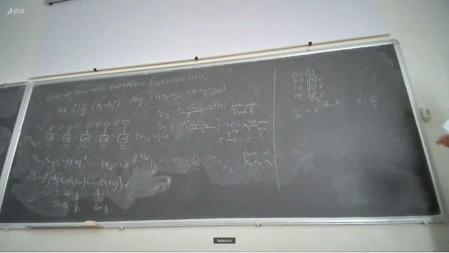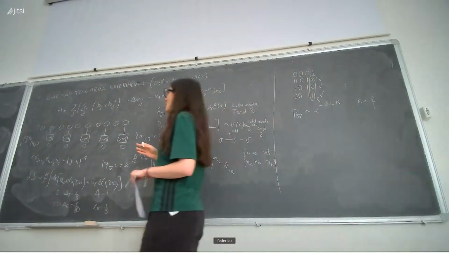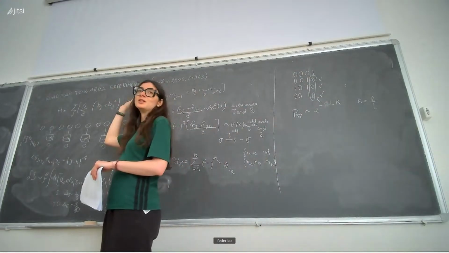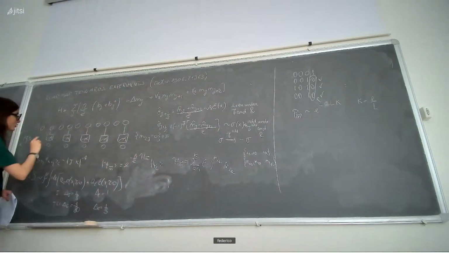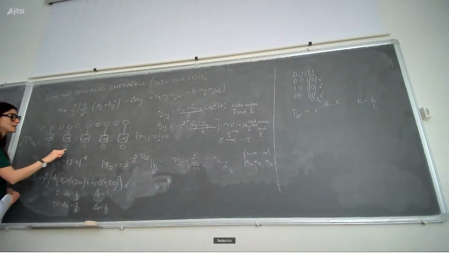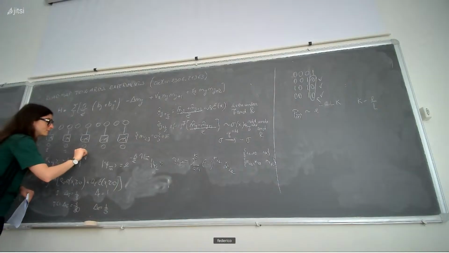And for me, I think the main reason is that we are working with a blockade regime. Let's do a simple example. Suppose that rather than selecting 0 here, I would have selected 1 on all the sites.